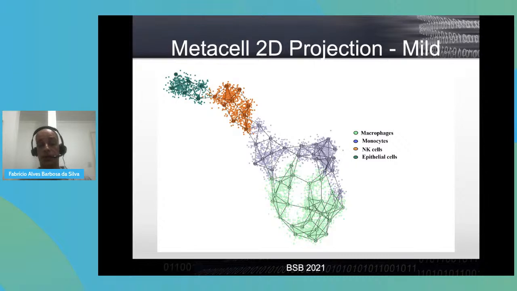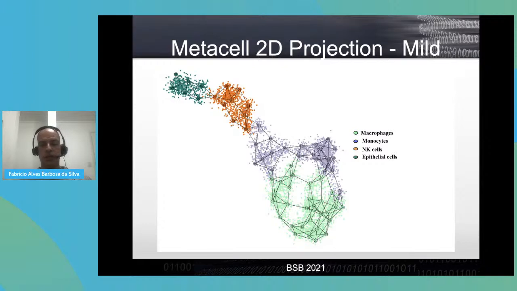And the circles are metacells. And you have a graph, and you have edges between metacells. When you have an edge between two metacells, those two metacells are similar in terms of transcriptional profile.